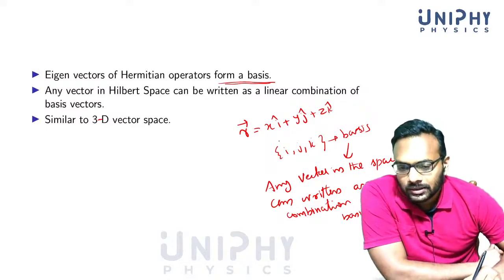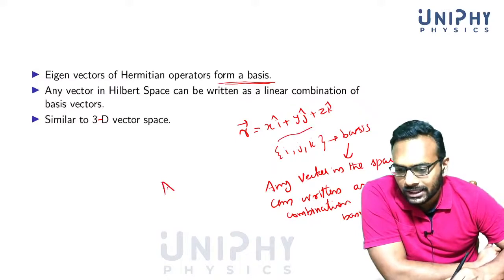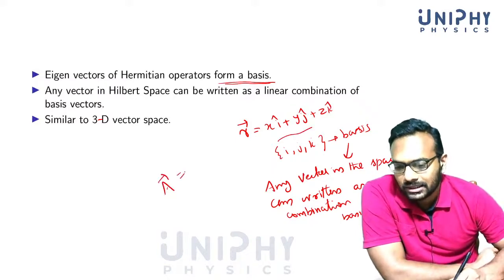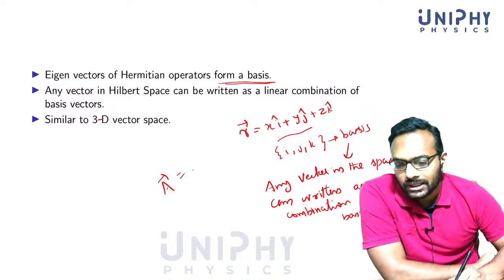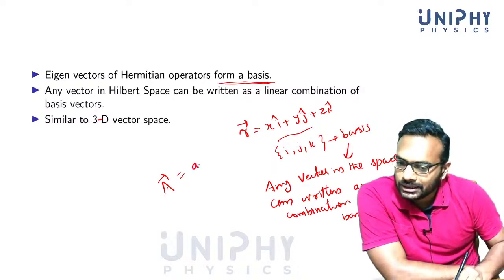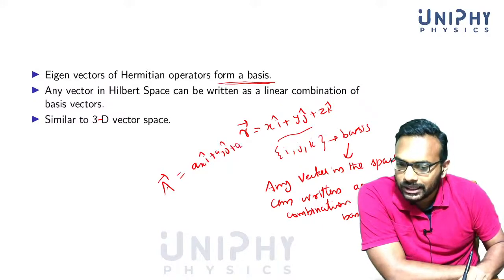So this is a basis. This means that any vector in this three-dimensional vector space, and I'm just giving it as an example so that you can understand, can be written as, let's say, axi plus ayj plus azk.